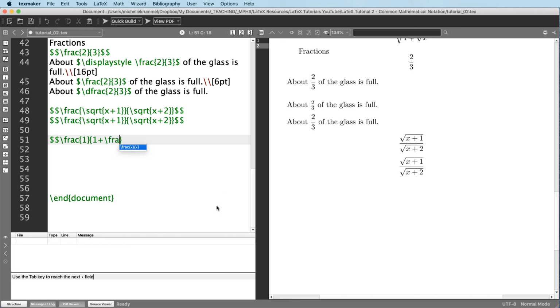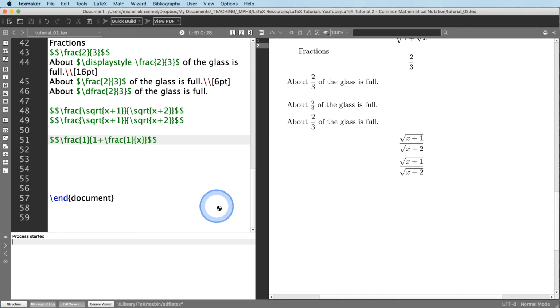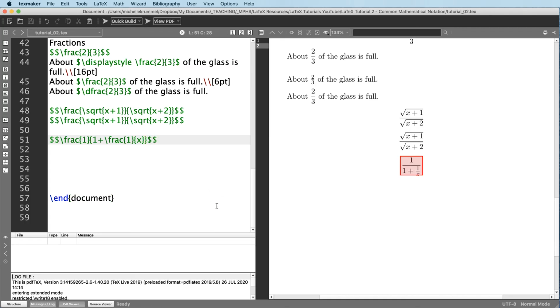So backslash frac, 1 over x, like so. 1 over 1 plus 1 over x. And you can, of course, have fractions inside of fractions inside of fractions. You just want to pay attention to your brackets, make sure that they're paired.